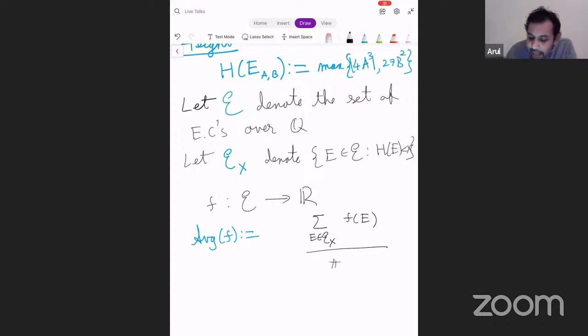So we divide by the size of E_x, and then we take the limit as x goes to infinity. And this is something that we can do. And if the limit exists, then we say that the average value of f exists. And so we can talk about the average value of f even over this infinite set of elliptic curves.